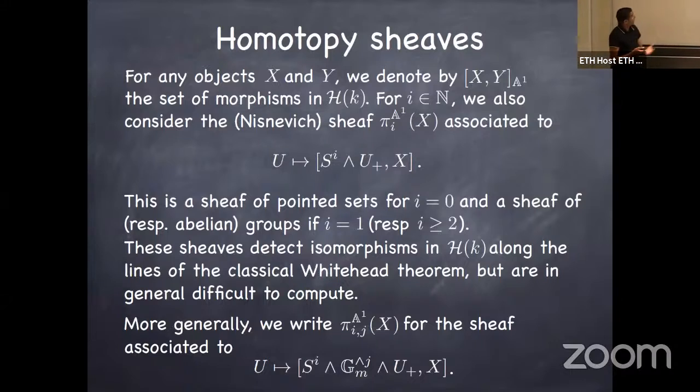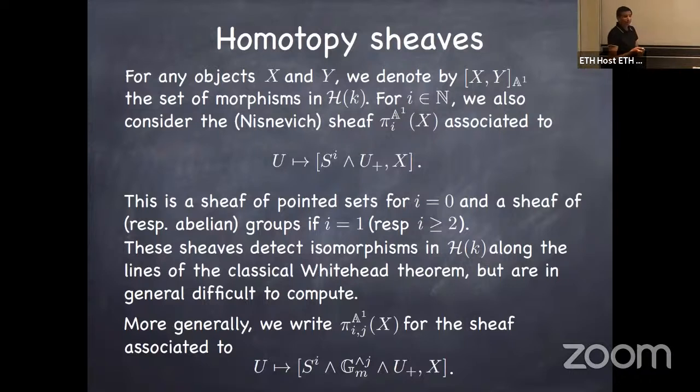So in this homotopy category, we use these circles to build more complicated objects like spheres, and in particular, we define these homotopy sheaves. I'm not going to say too much about what they are, but they're basically defined by analogy with topology. You take homotopy classes of maps, but one important distinction is that they're going to be sheaves, and they're sheaves in the Nisnevich topology.